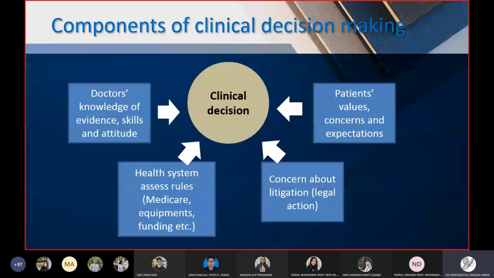So again, I gave the example of COVID. As the number of COVID cases increases, the demand for ICU beds or ICU facilities has increased. So that creates a burden on the health system. So the government has made a decision.